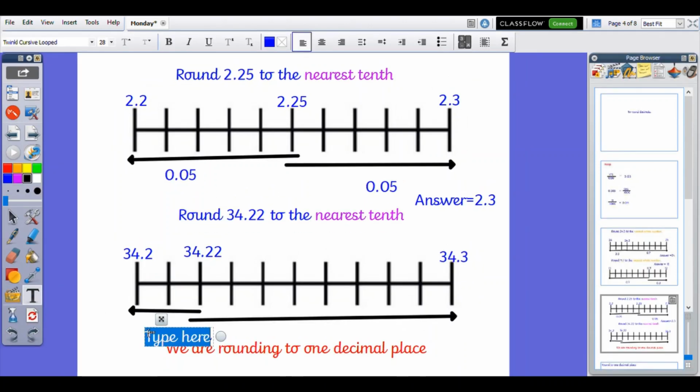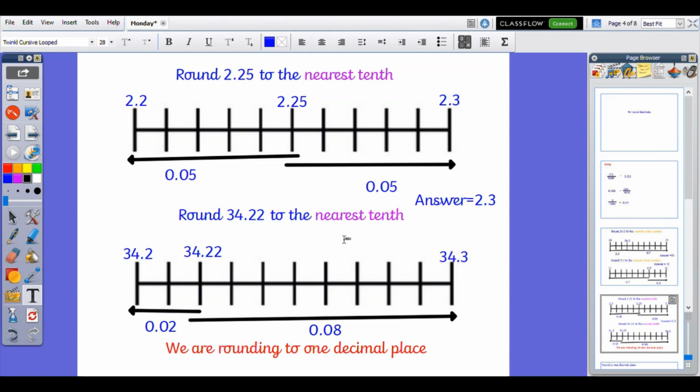So I've got 0.02. And then from here to here, I've got 0.01, 0.02, 0.03, 0.04, 0.05, 0.06, 0.07, 0.08. Okay, so like that. So I can see that the distance between this one and this one is 0.02. The distance between this one and this one is 0.08.